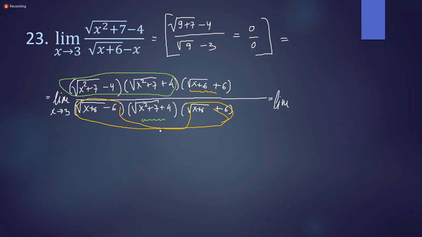So now we will see x squared plus 7 without radical minus 4 squared, that's 16, times the radical x plus 6 minus 6, divided by, now the yellow part, x plus 6 without radical now, and minus 36.